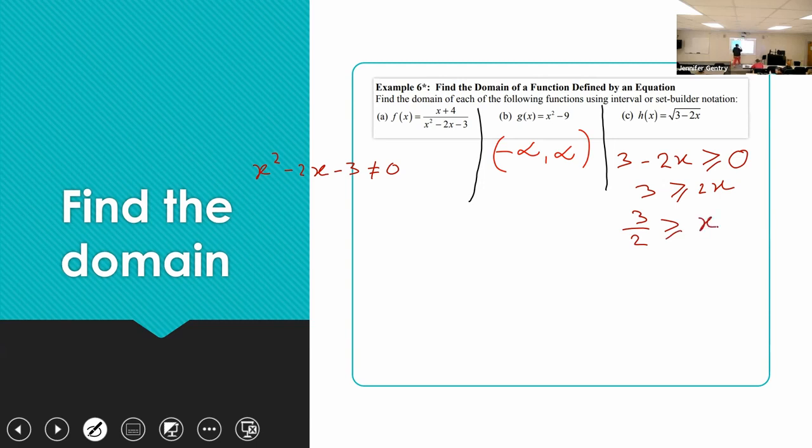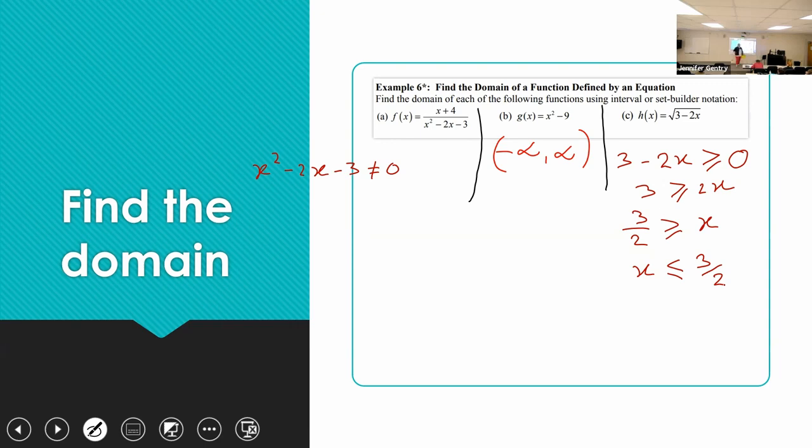In parentheses, good question. X is less than or equal to 3 over 2. Where am I starting at? Brackets? Okay. What kind of brackets? Well, what's the number I'm going to start at? Or number or symbol that I'm going to start at? If it has to be less than, what is it? It's a negative infinity. Correct.